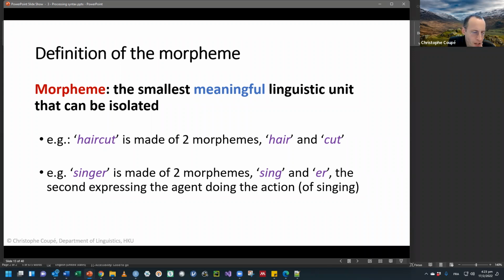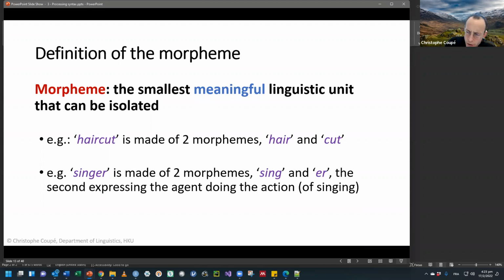So this word is made of two morphemes assembled together, hair and cut. Can you subdivide hair into smaller parts which have their meanings? No. Can you subdivide cut? No. So you have two morphemes, smallest meaningful linguistic unit, hair and cut. And together you can make haircut.